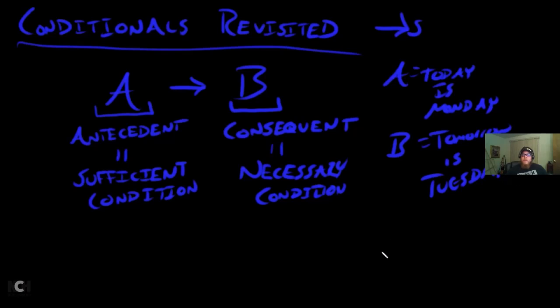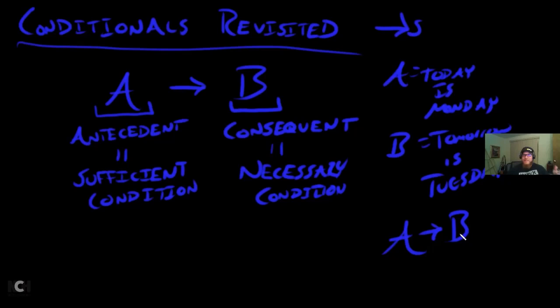If I put this together, if I say A, arrow, B, one way of saying it is if today is Monday, then tomorrow is Tuesday. Another way I could say it is if today's Monday, necessarily, it must be true that tomorrow is Tuesday. So that right side of the arrow has the sense of mustness or necessity to it. It must follow. It's not kind of like a maybe. It doesn't work that way. Right sides of the arrows are necessary.